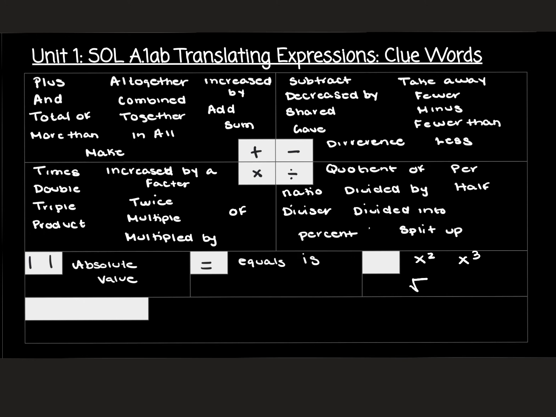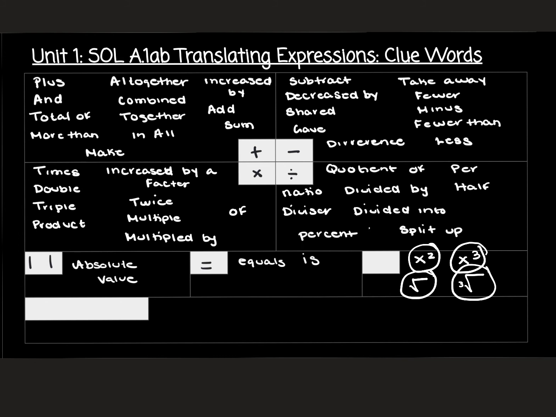This is going to be the square root. And then you have x cubed, and then you have the cube root. All right. So x squared is going to be here. X cubed, so a number cubed. And then you have the square root. And then you have the cube root. So those are popular ones that you will see as well.